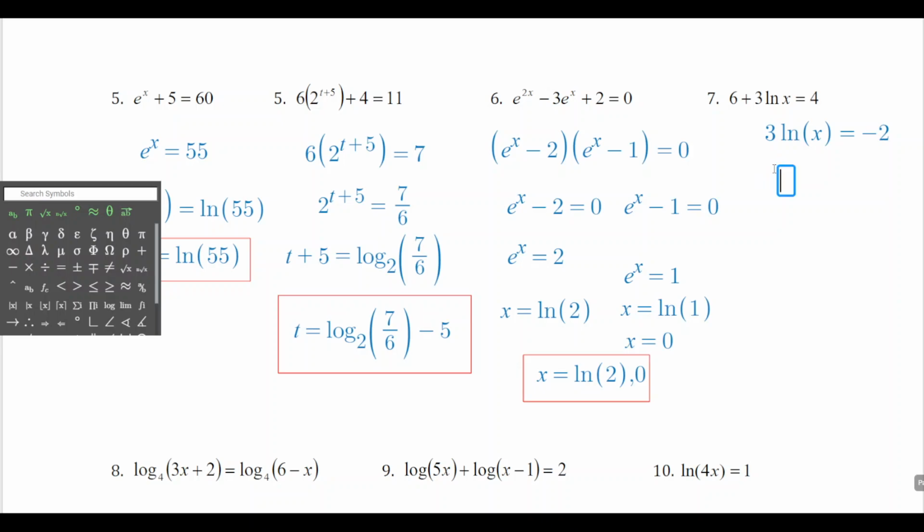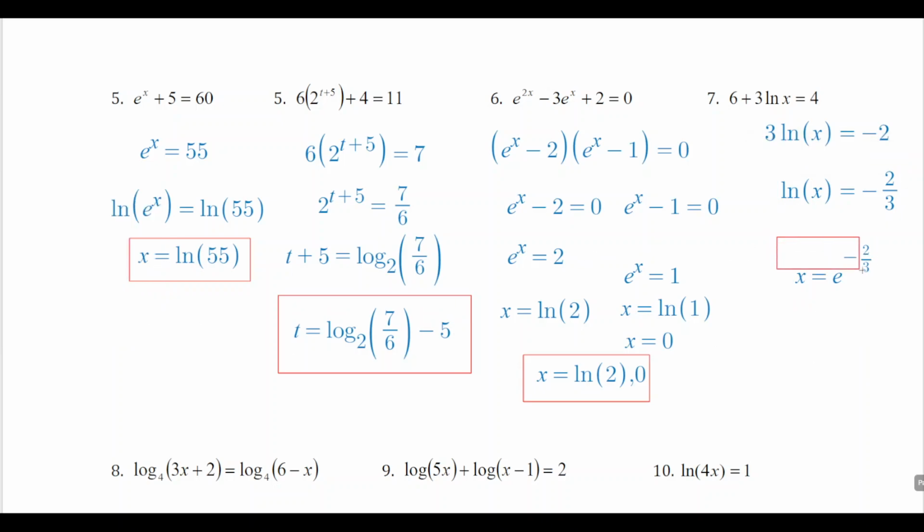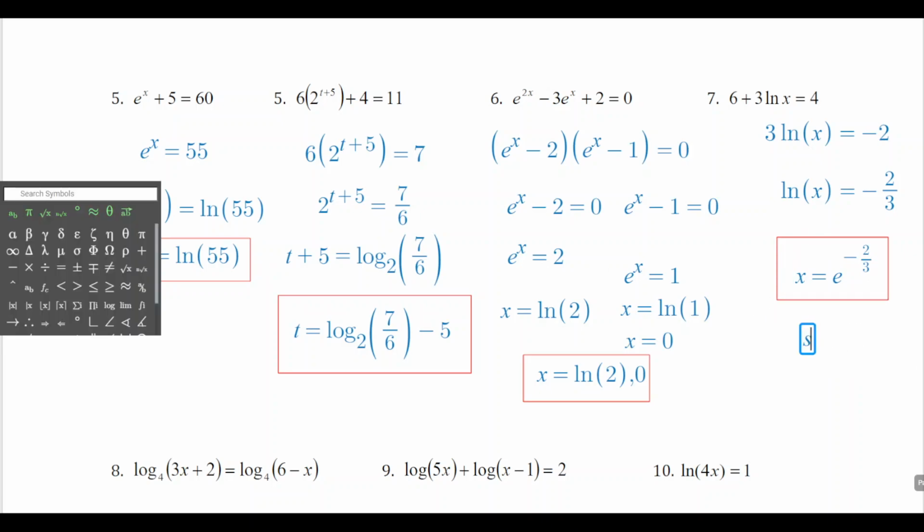We're going to divide both sides by 3, and I get the natural log of x equals negative 2/3. And then finally, I'm going to use the inverse property to rewrite this as x equals e to the power of negative 2/3. It is possible to rewrite this one when you have a negative exponent.